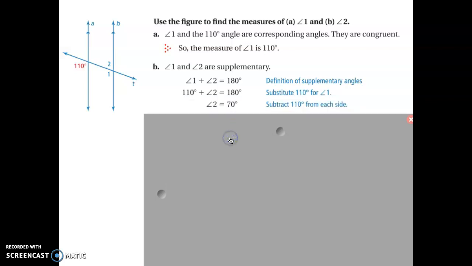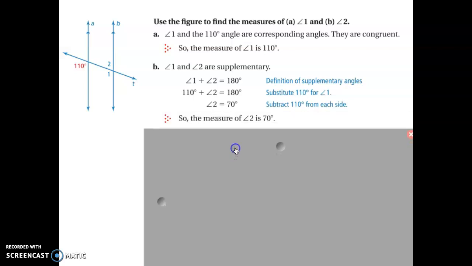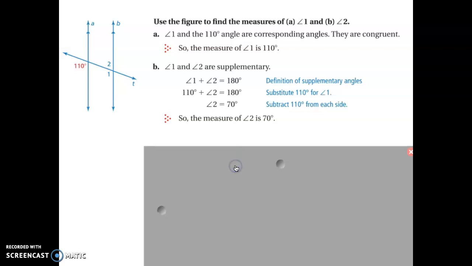I'm going to subtract that 110 from each side. And so the measure of angle 2 is 70. Angle 2 has to be 70 because angles 1 and 2 together form that straight angle, or 180 degrees. A lot of terms there. You can always pause, you can always re-listen to this, but I'm going to move on to the next slide.